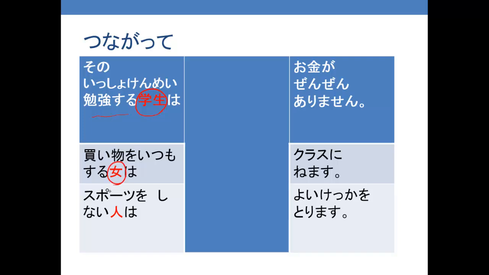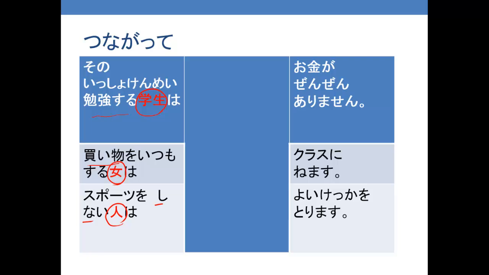Onna, the girl, is the subject of the sentence. いつもする is always doing what? She's always shopping. So the girl that's always shopping. For the third one, again we're talking about a person, a hito, the subject of the sentence. スポーツをしない, the person that doesn't do any sport.